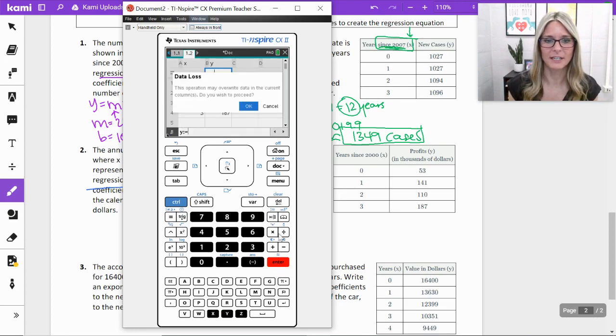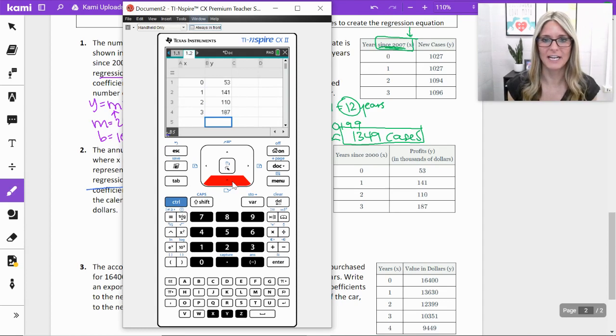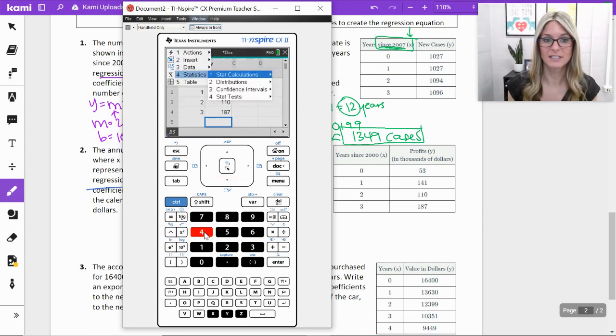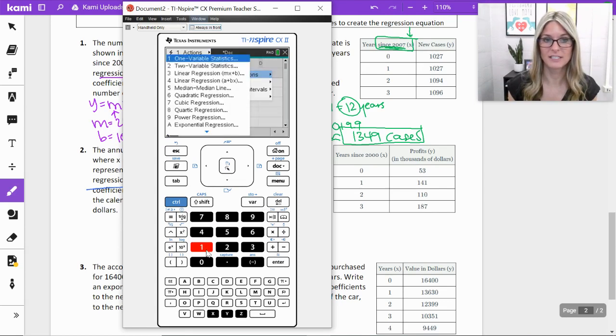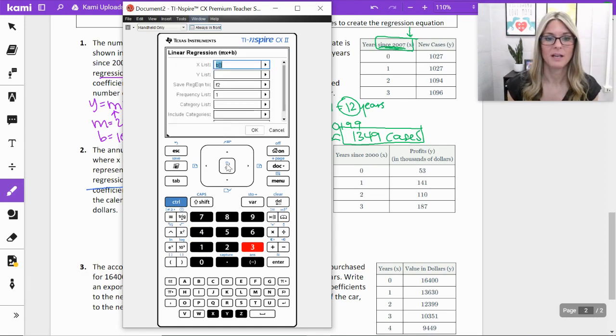Now let's come down here out of our data, and we do what? Menu, statistics, stat calculations, and we're again finding a linear regression. That's number 3. Linear regression, y equals mx plus b. Look at all of that.